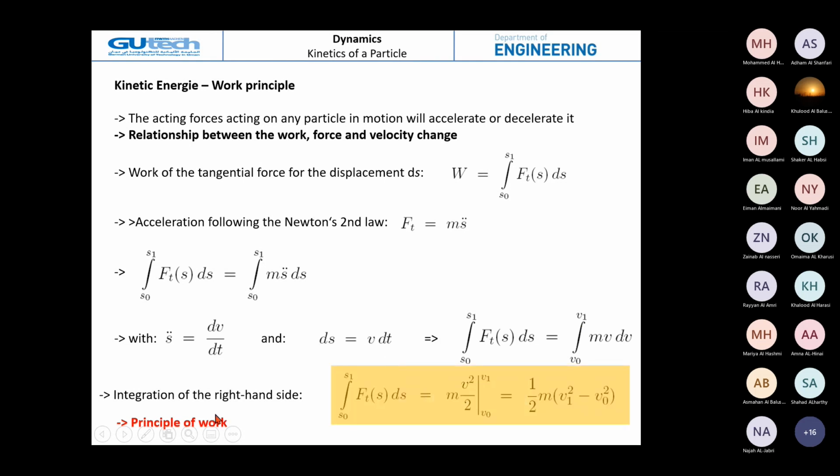This is what we call the principle of the work. That means the integral of the applied force, or the work, from the initial position to the actual position, is only half of the mass multiplied by the difference of the squared velocities, actual minus initial.